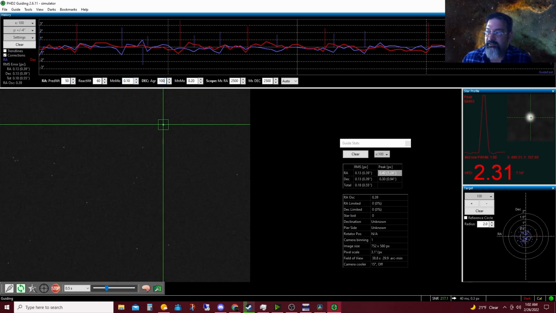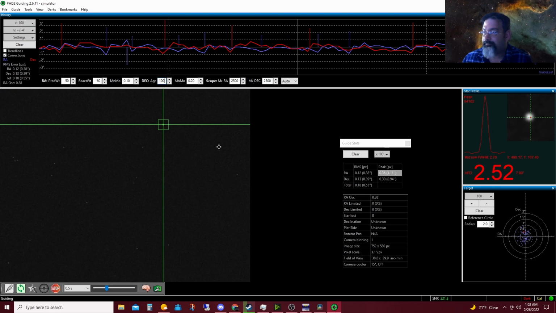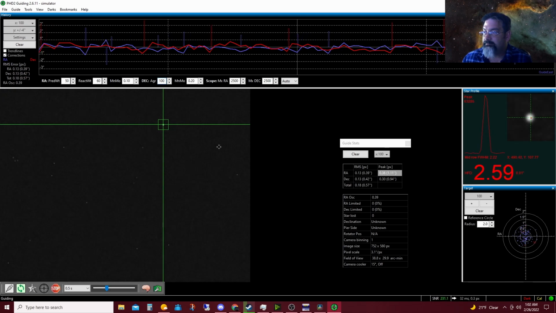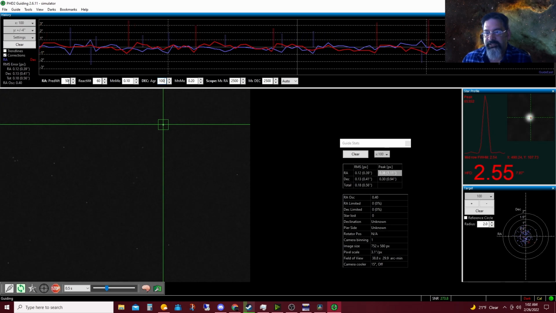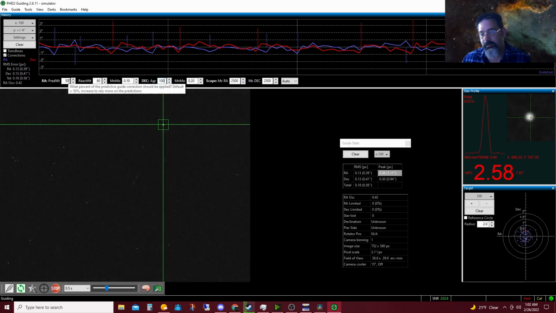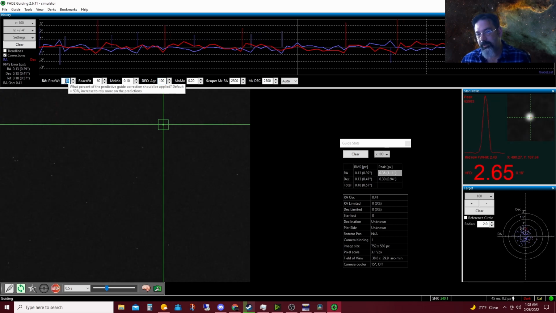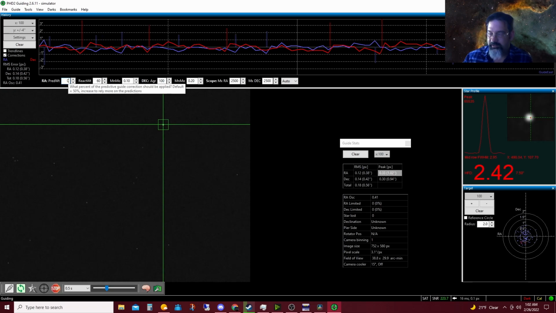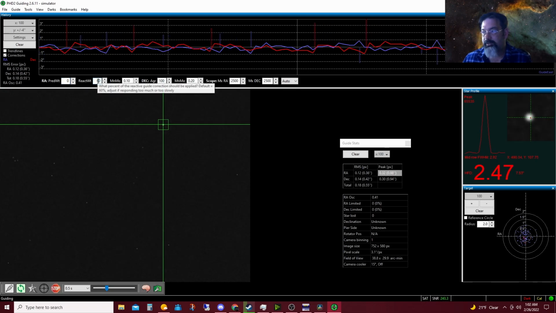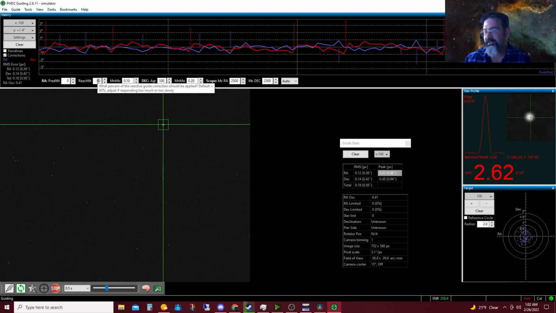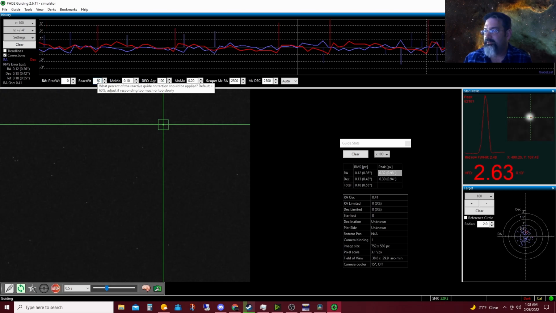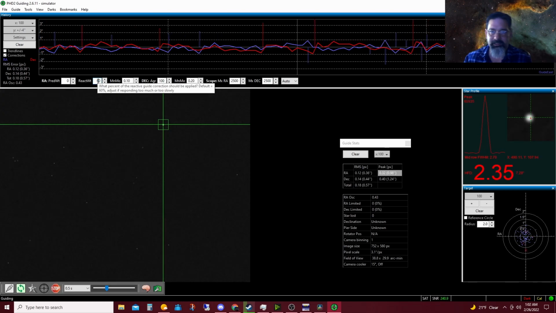Some of this may take a minute for it to pick up. But for this test, when I start guiding out, the first thing I'm going to do is zero this predictive part out, because I want to see what my guiding is actually doing. You've got to be careful with predictive PEC.